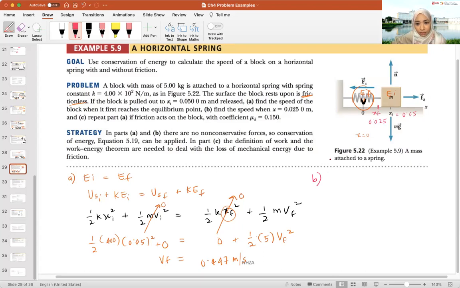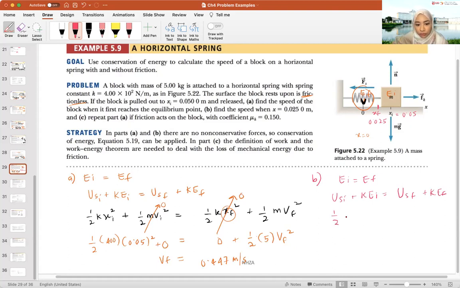So our x final is now 0.025 dekat point sini. So EI equals to EF, sama je step dia. USI, KEI, USF, KEF. And then what else?